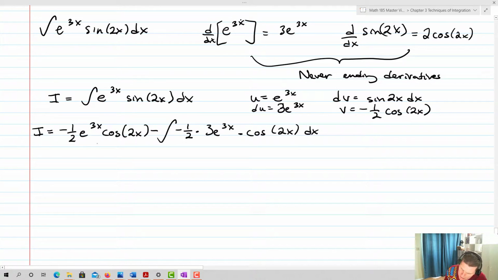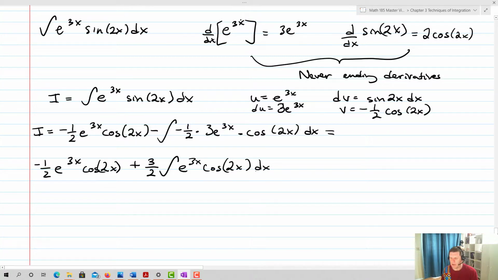If I pull out all my coefficients, I end up with negative 1 half e to the 3x cosine 2x plus 3 halves the integral of e to the 3x cosine 2x.